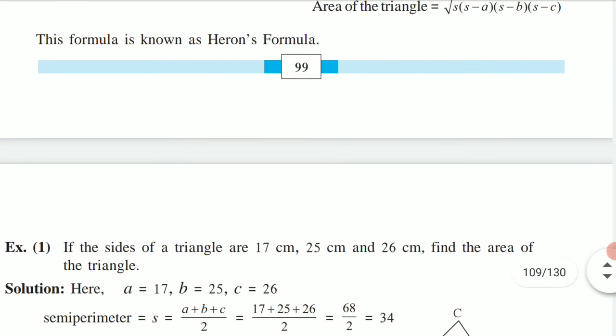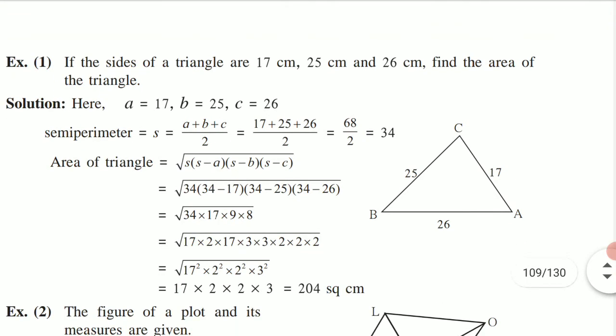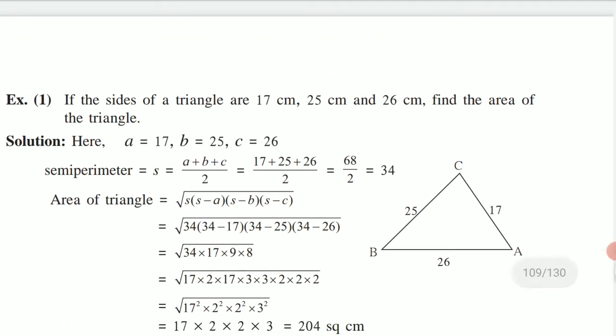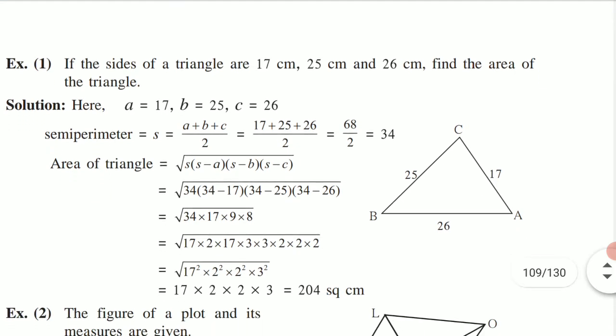Example number 2. Some solved examples on this formula. If the sides of a triangle are 17 centimeter, 25 centimeter, 26 centimeter, find the area of the triangle. Here a is equal to 17, b is equal to 25, c is equal to 26.